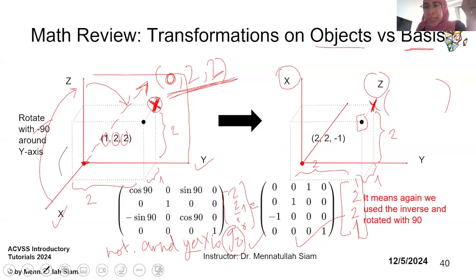lines are the new axes. So what do you think would be the X in this case? So this is the X here. So what do you think this point will be, the updated X, the updated Y, and the updated Z? So the updated X, you see here, this part, this is 2, right?